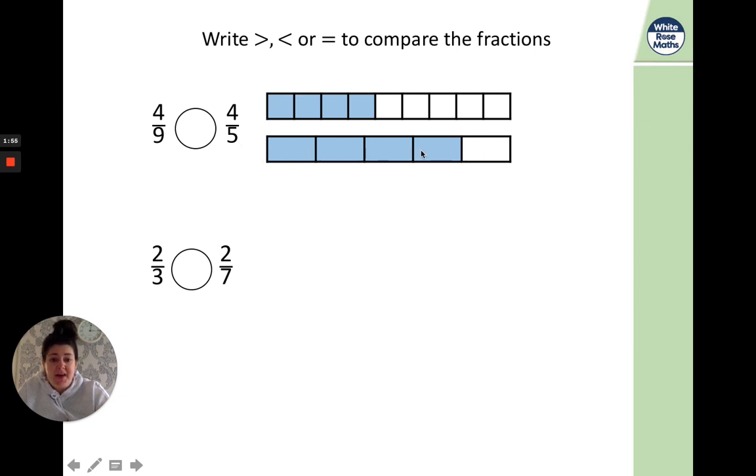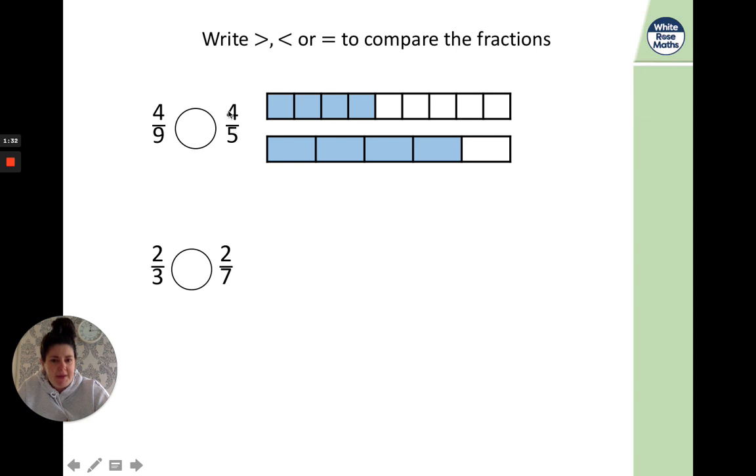So the 5 pieces are going to be a little bit bigger, aren't they? So I know that 5ths are bigger than 9ths. And I can see by looking here that 5ths are bigger than 9ths. So I know that 4/5 is bigger than 4/9 because these are 4 little pieces. These are 4 slightly bigger pieces.